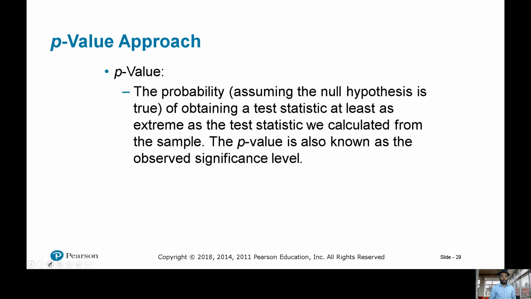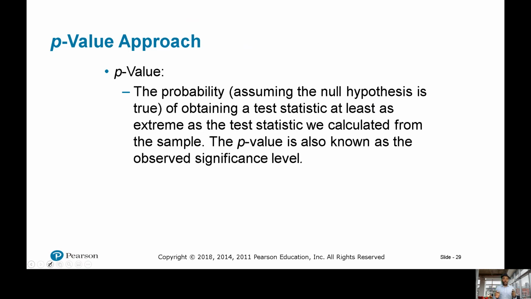The p-value is the probability of obtaining a test statistic at least as extreme as the test statistic we calculated from the sample. The p-value is also known as the observed significance level. So it's a probability associated with a test statistic.